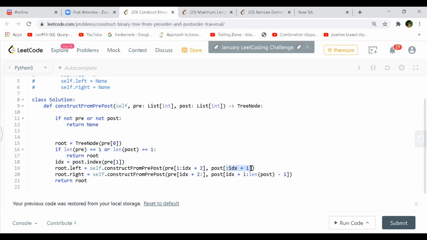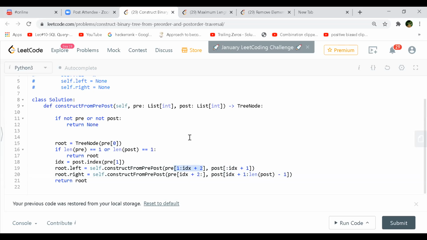And here it's the other way around. Like this much we have already covered in our post-order. So next we'll start from idx plus 2 in our pre-order to the end, and for the post-order, this will go up to idx plus 1, because the plus 2 I have taken.